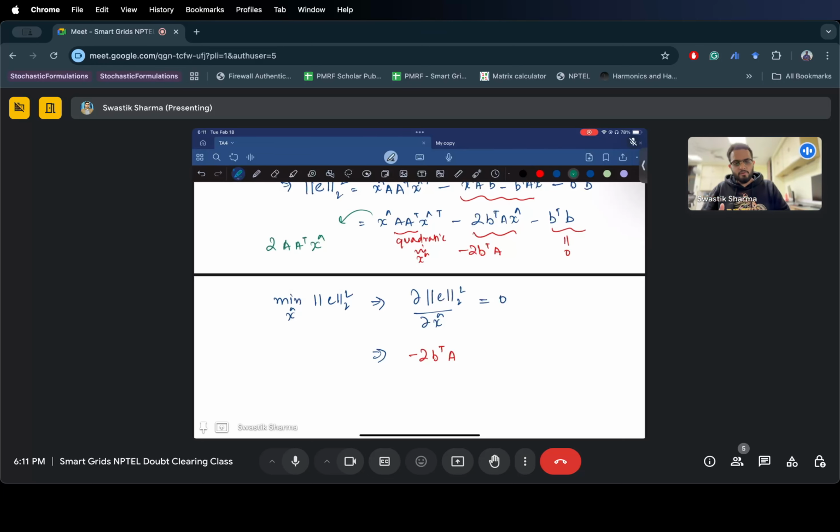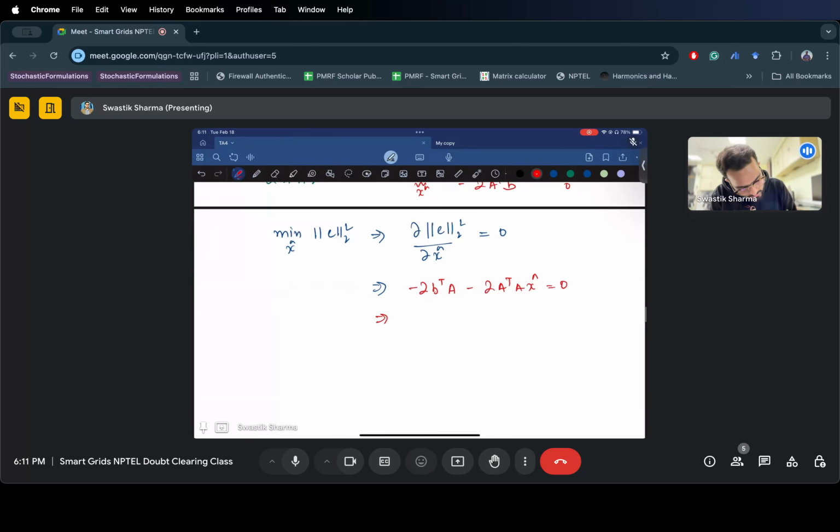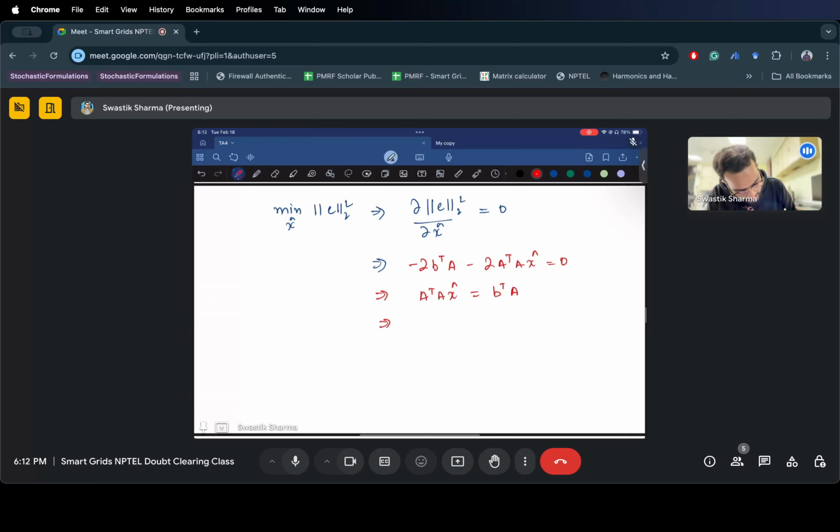You can check this on your own, but sorry, when you differentiate it, at comes before, so it would be 2 at a x cap, right? Similarly here, when you differentiate, the transpose is changed, it would be 2 at b. Yeah, my bad. Right, so you write this function here, it would be 2 at a x cap, which is equal to 0. And if you substitute both, it would be nothing but at a x cap is equal to at b, and you multiply at a inverse both sides. This would be at a inverse, sorry, at b.